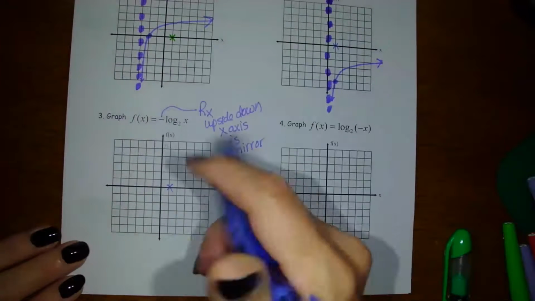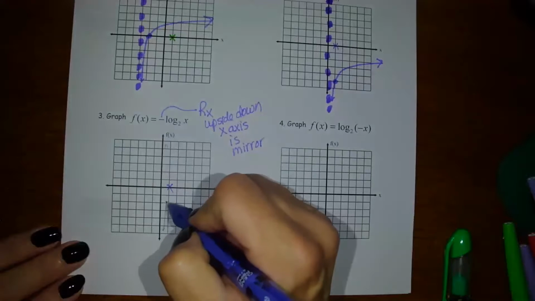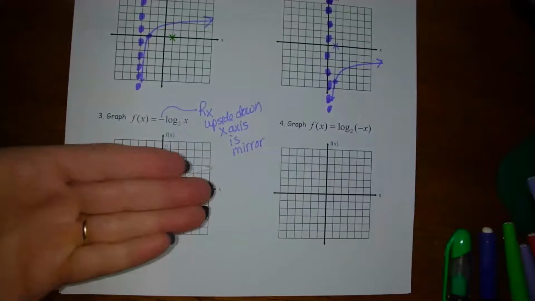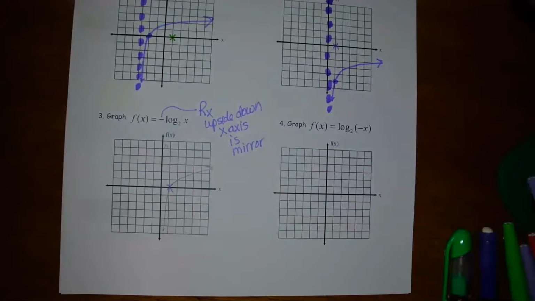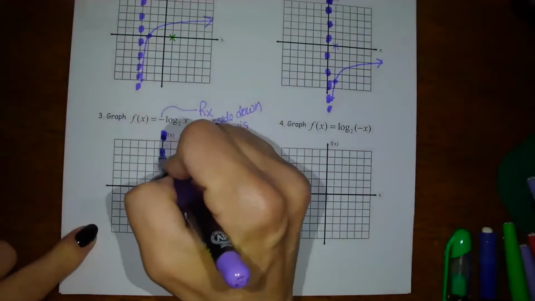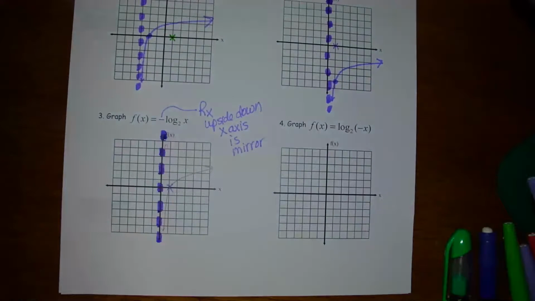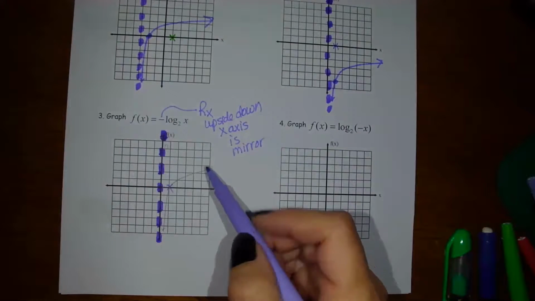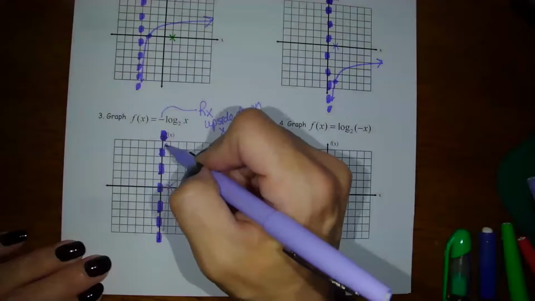And we should do this. But now this is going to flip it over, right? So it's not going to change where our asymptote is, but instead of coming down and going up, we're going to come from the top.